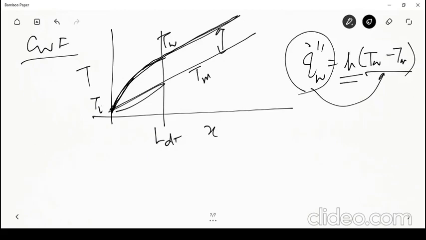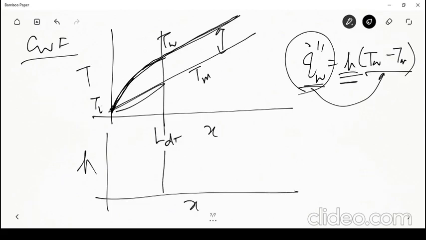So in the region before LDT there is a variation in T wall minus T mean because the H is still varying. The Q wall remains constant throughout. Okay. So after LDT, because H becomes a constant, T wall minus T mean also becomes a constant, and the difference between these two would be dependent on the magnitude of Q wall because the H becomes a constant.